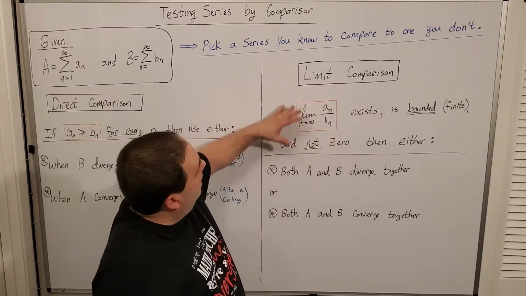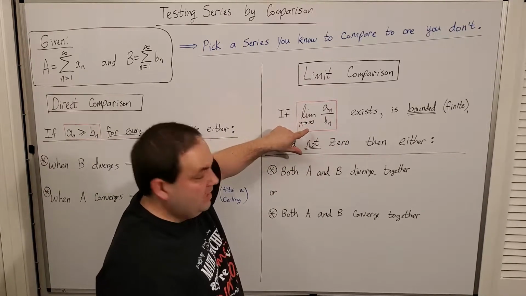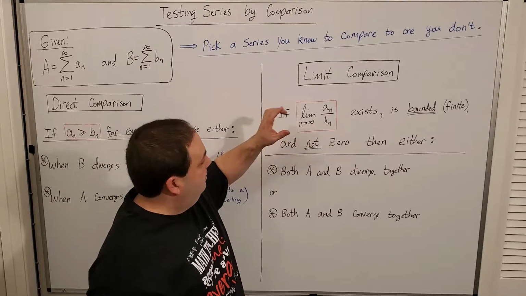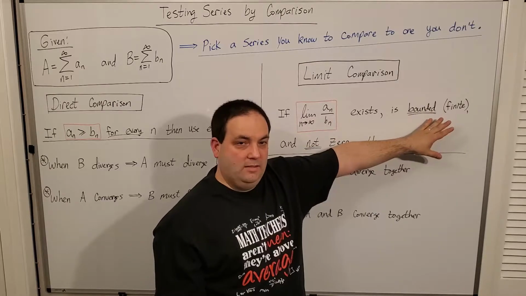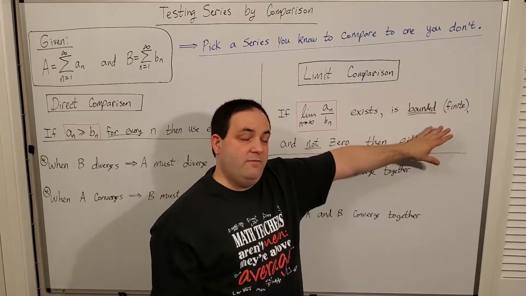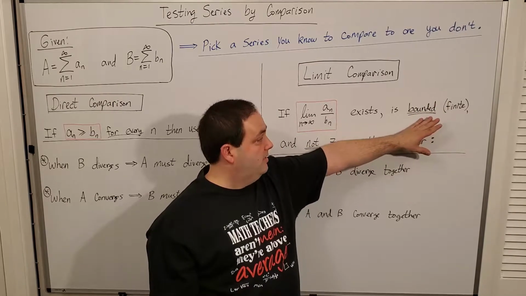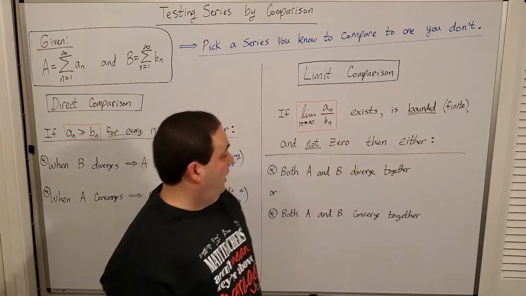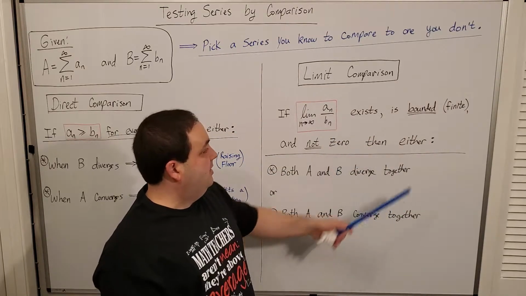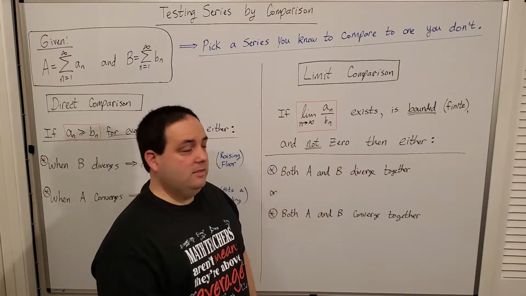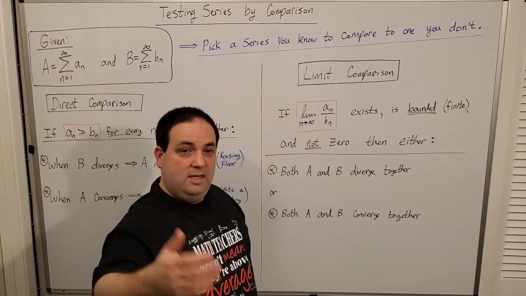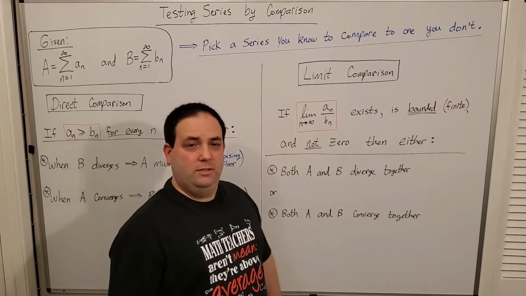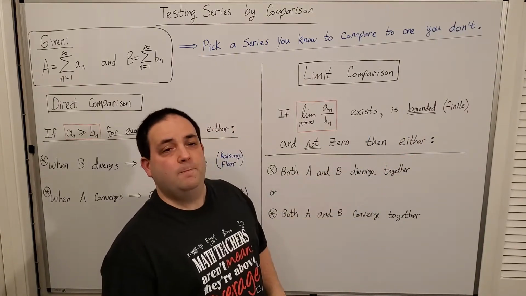And then once I compare all of those and I get this limit, okay? As long as the limit exists and is finite, right? I mean not infinity or negative infinity when I say bounded and finite, okay? So it has to exist, it has to be finite, and it's not zero. That's important, because a zero is actually still bounded, and it still exists, right?